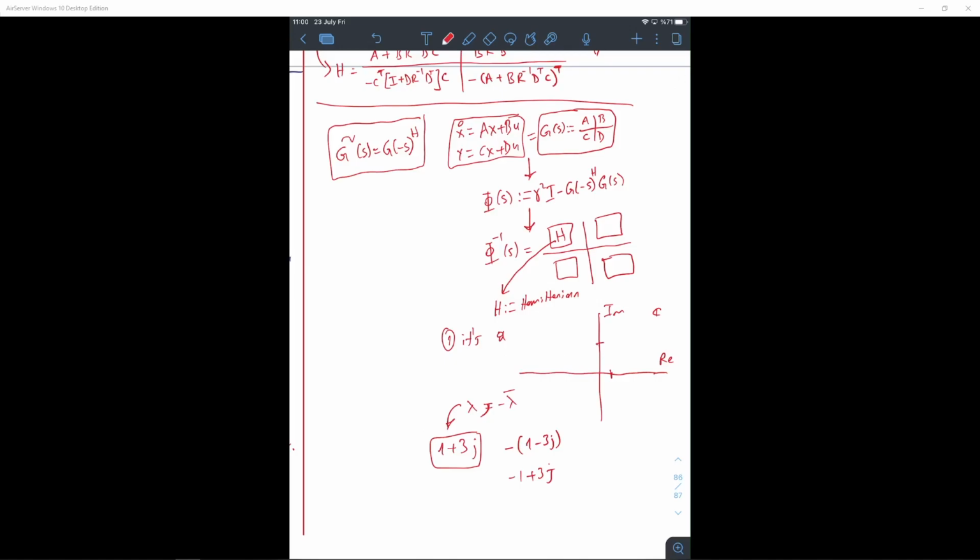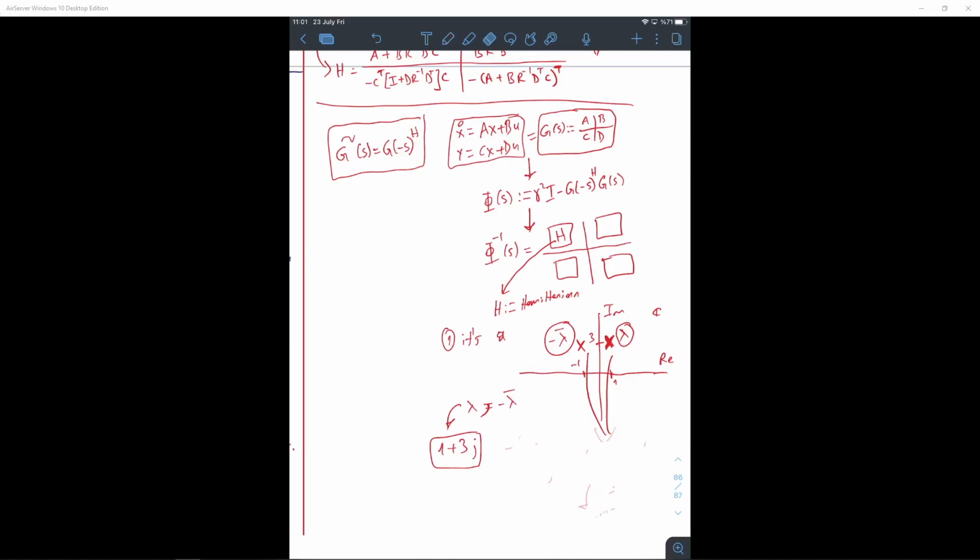Let's say this is lambda, and this is minus lambda bar. Again, these two terms are symmetric about jR, to indicate the imaginary axis. Alright.